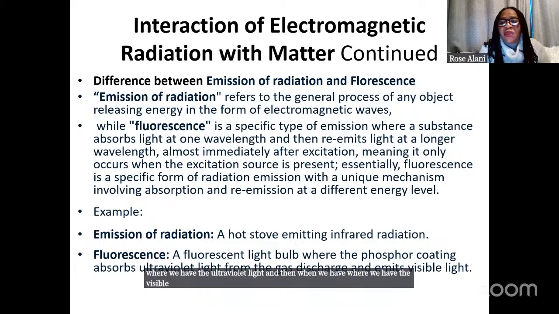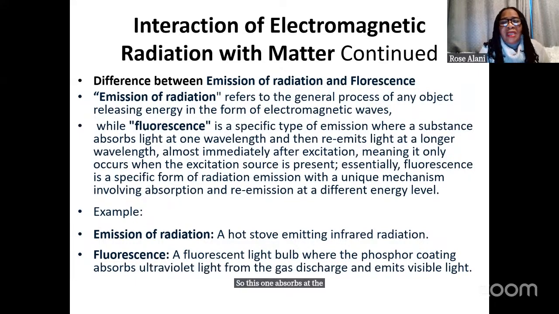So this one absorbs ultraviolet light at one wavelength, and then emits visible light in the visible range of the wavelength. Okay, so you can see the difference here.